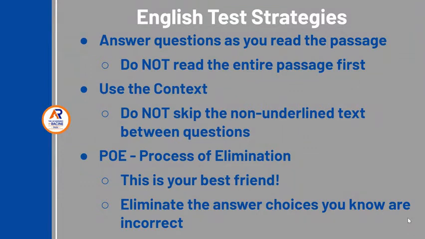All right, so here are your 3 specific to the English test. Don't read the entire passage first. Answer those questions as you read the passage. Use the context of the paragraph that you're reading. So do not skip the non-underlined or non-highlighted text between questions. And then process of elimination. Eliminate the choices that you know are incorrect.